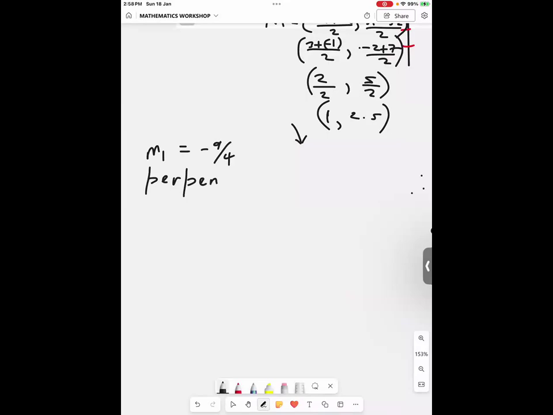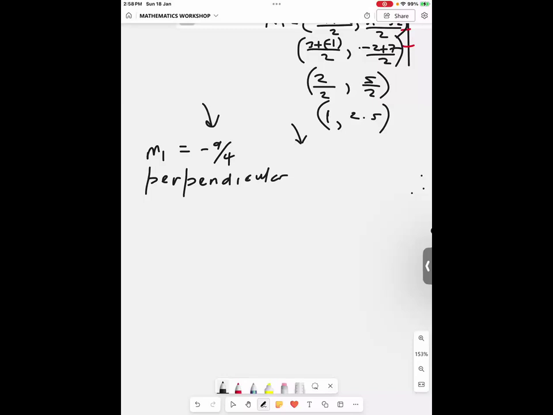In another class, I will explain the details of why I'm doing what I'm doing. But for now, because you're just trying to work out the problem, if we calculate the gradient of a first line, and the question says something about perpendicular, the shortcut is this. You're going to take the gradient of the line that you currently have, and turn it upside down and change the sign.